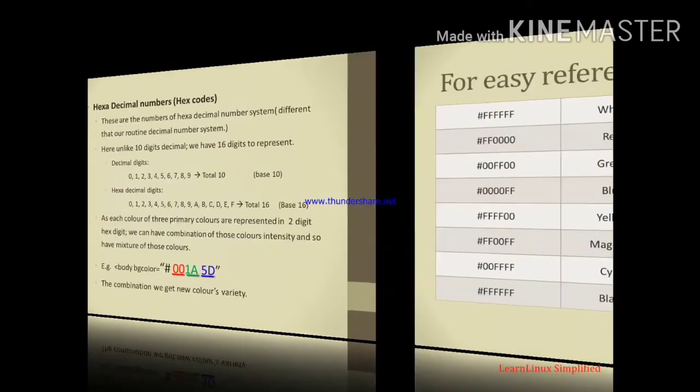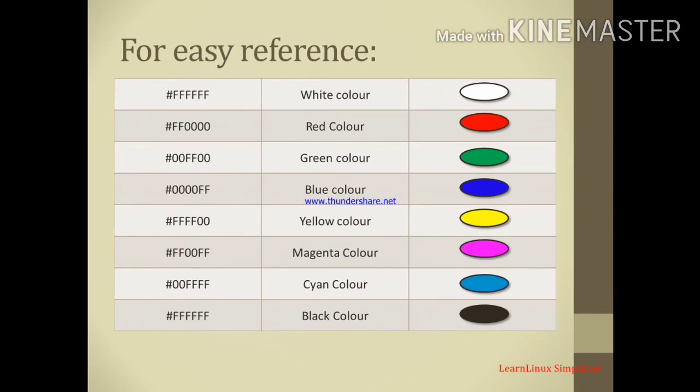Now for easy reference, I have given certain codings which are also given in your textbook. FFFFFF means all the colors mixed will give you white color. FF and all others 00 will give red color, same way green, blue.